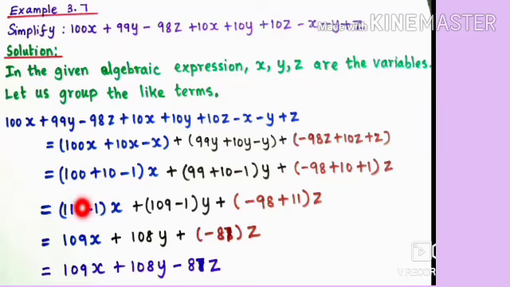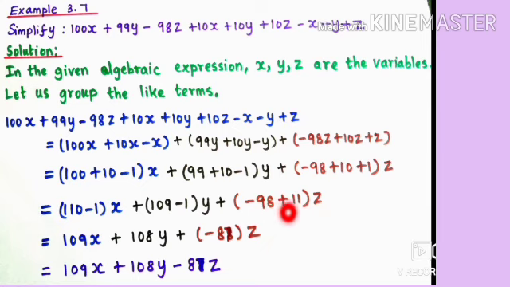Here 110 minus 1 is 109x, 109 minus 1 is 108y, and here when we add two integers of different signs, the sum will be the difference between the two integers and have the sign of the integer with greater value.